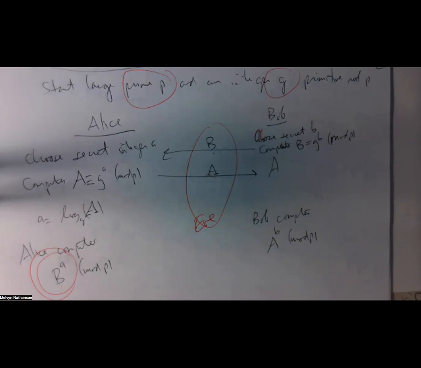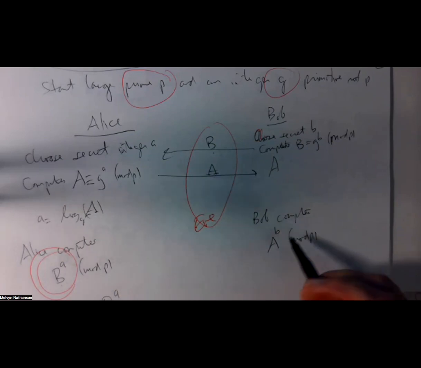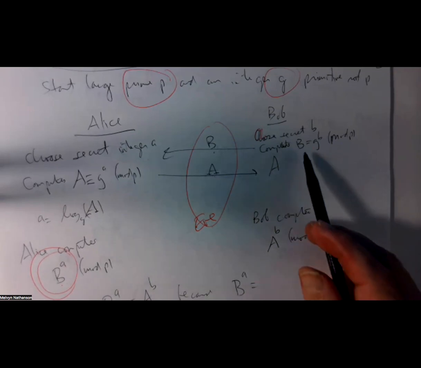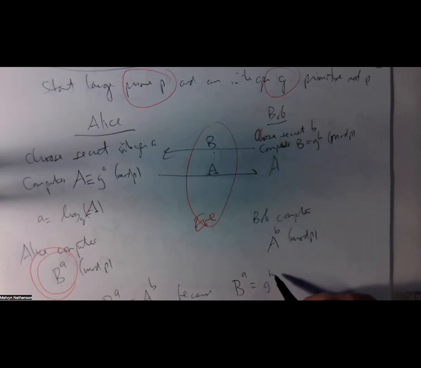And here is the fundamental fact. Capital B to the little a, this is the number Alice has, is equal to capital A to the little b. That's the number Bob has. Because capital B to the a, what is capital B? G to the little b raised to the a is G to the ab.